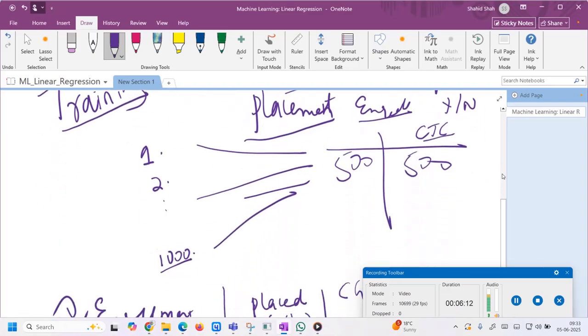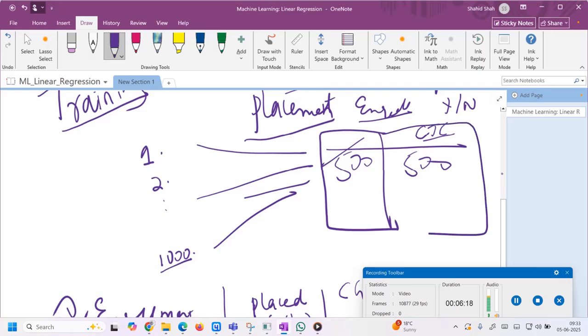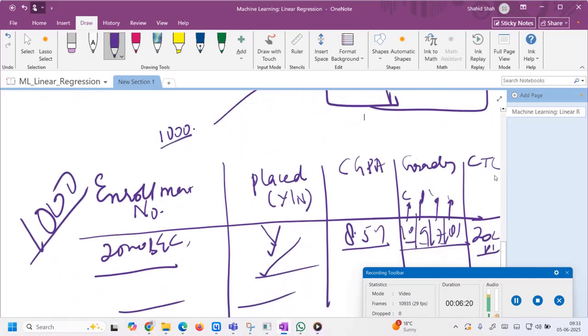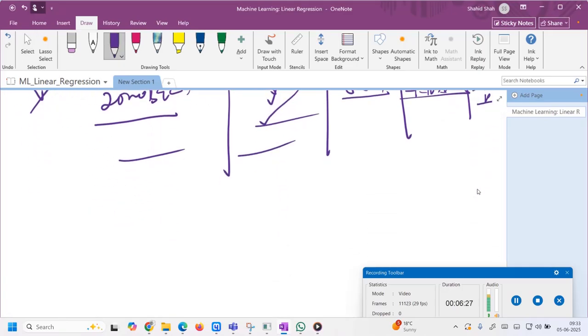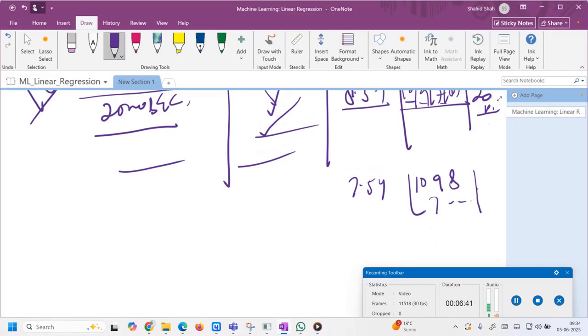Then suppose this part of data set we have fed the system with input output. Now for the next 500 we will not feed, suppose let's say we want to just see if a student is placed or not, then we will not feed this answer. We will just feed that the student has CGPA 7.54, his or her grades are like this: 10 in C programming, 9 in maths, 8 in devices, 7 in maybe digital electronics, so on and so forth.